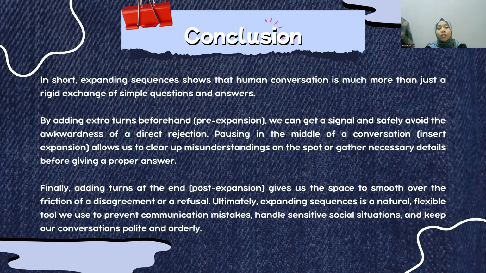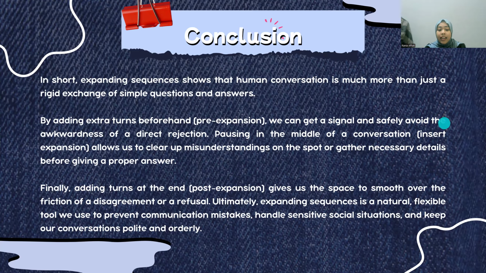By adding extra turns beforehand, or pre-expansion, we can get a signal and safely avoid the awkwardness of a direct rejection. And pausing in the middle of a conversation, or insert expansion, allows us to clear up misunderstandings on the spot or gather necessary details before giving a proper answer.